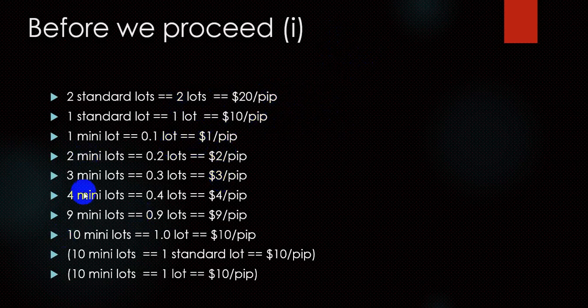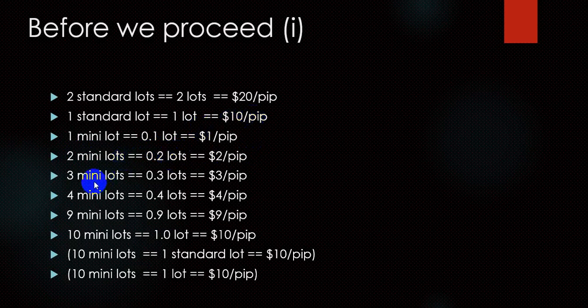So because 1 mini lot is 1/10 of 1 lot, what you stand to gain or lose when you're using 1 mini lot is just $1 per pip. A lot smaller than what you stand to gain or lose when you're trading 1 full lot. And if you're trading 2 mini lots, you stand to gain or lose only $2 per pip, because 2 mini lots is 0.2 of 1 lot.